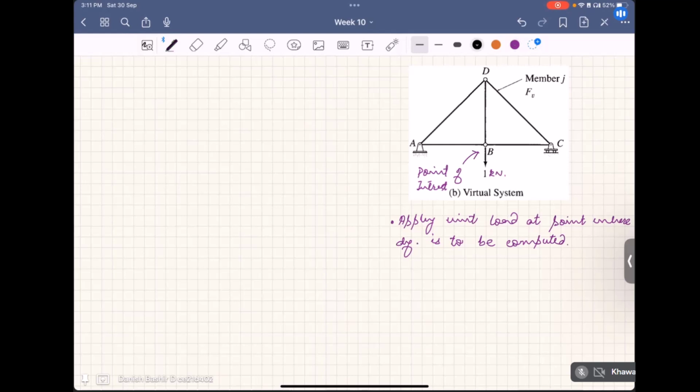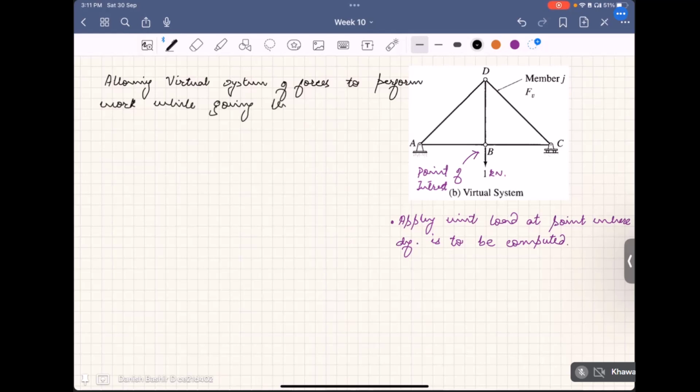We are allowing the virtual system of forces to perform work while going through real displacements.